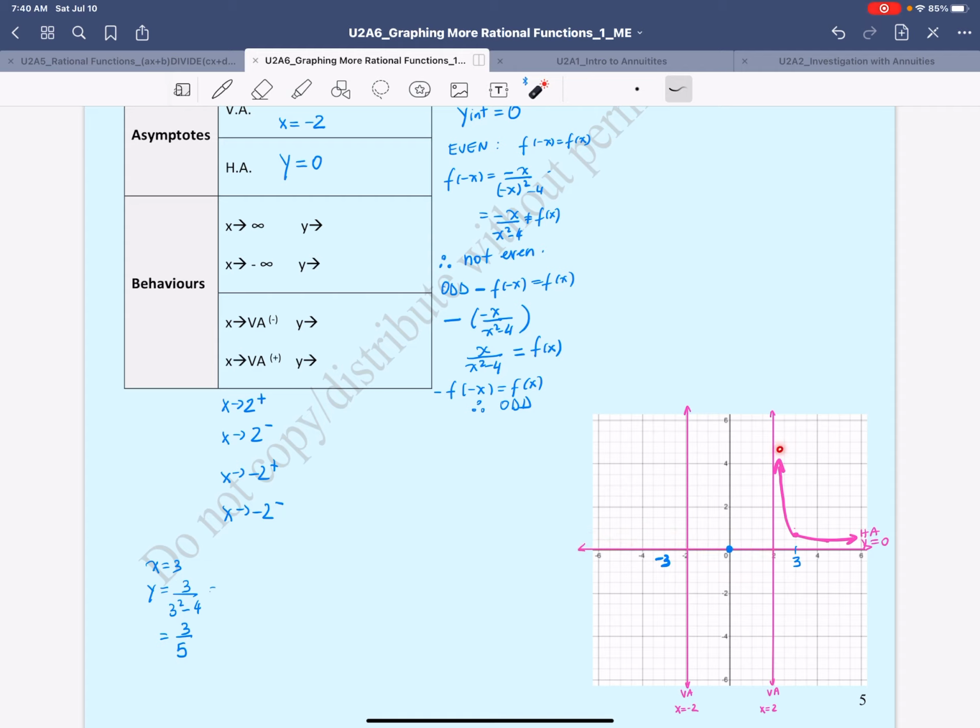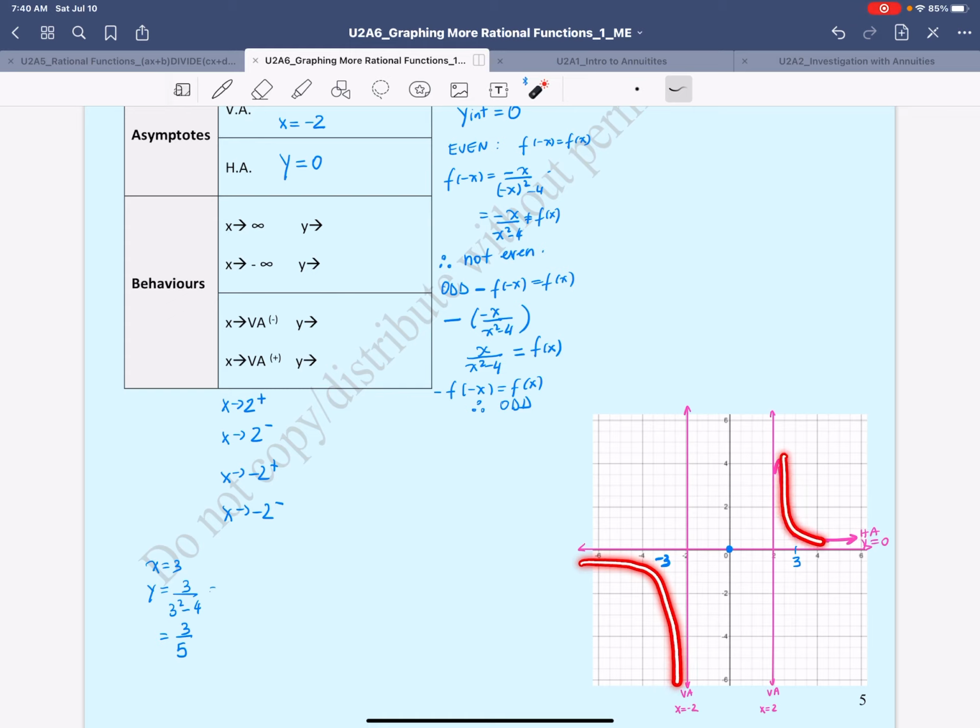Now, another thing that we can use in here to graph the other side of the function is the symmetry of the function. Since the function has odd symmetry, it tells us that if one piece of the graph is in this section, then the other piece, think about it, will be down here, right?